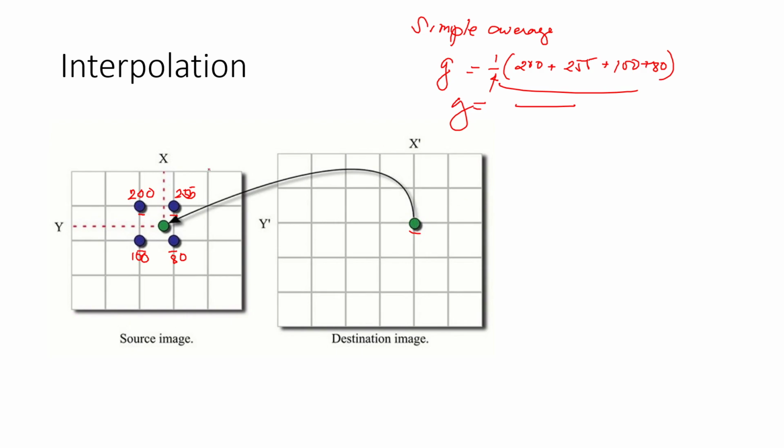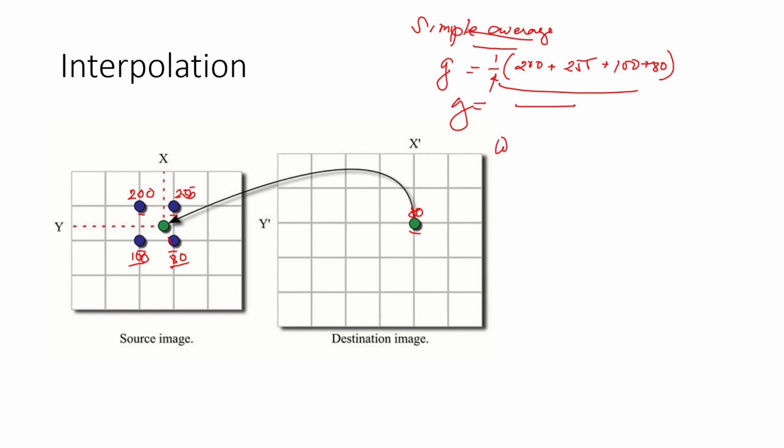So instead of just getting the intensity of the nearest neighbor and applying it here, in this case instead of 80, what we actually do is calculate the weighted average. But a simple average won't satisfy our analysis.